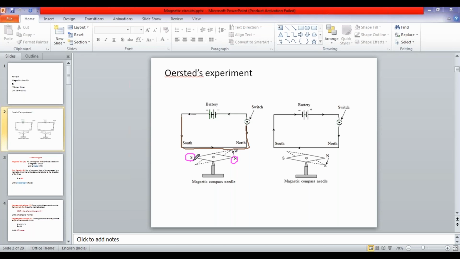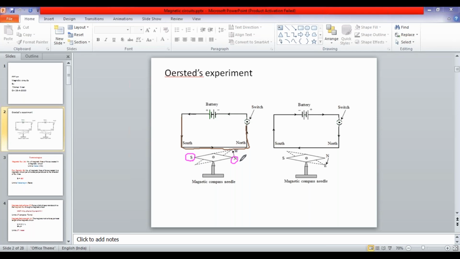So in those days, what Oersted did is that he simply placed a compass below a current carrying conductor. Because of the flow of current through the conductor, the direction of the compass needle is changed.